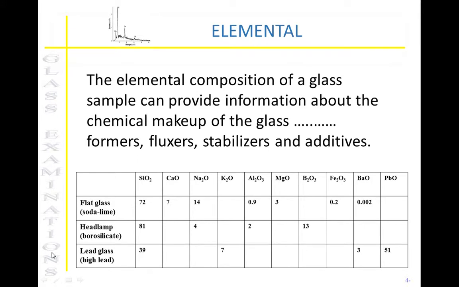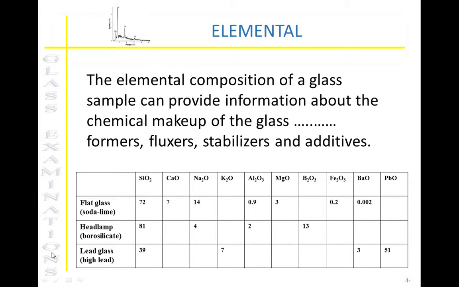The elemental composition of the glass is going to be because of the various chemicals that the glass is made up of. So depending on the formers, fluxers, stabilizers, and any additives that make up that glass product, you'll have a different elemental composition.